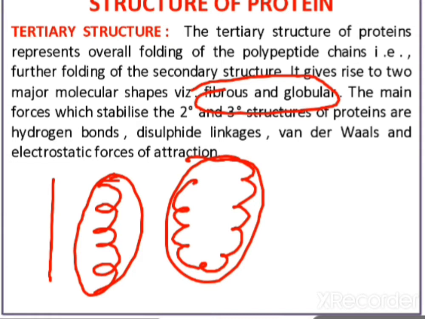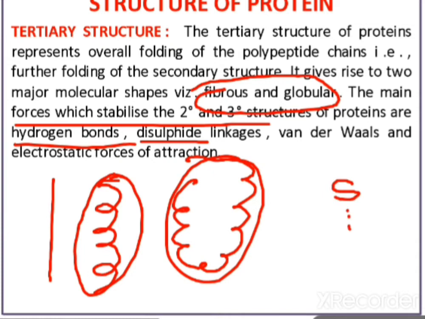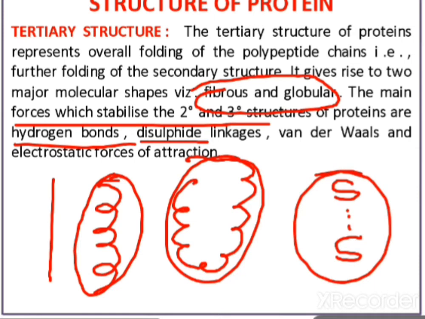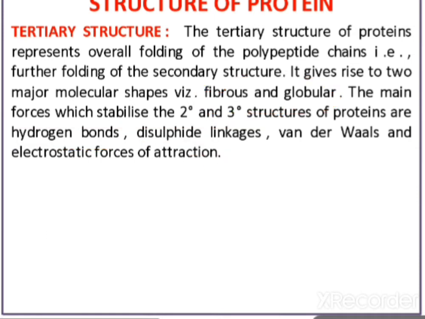The main forces which stabilize the secondary and tertiary structure of proteins are hydrogen bond, disulfide linkage. Disulfide linkage means between S and S. This is the disulfide linkage. We'll see next, van der Waals force and electrostatic force of attraction. So this is the tertiary structure.